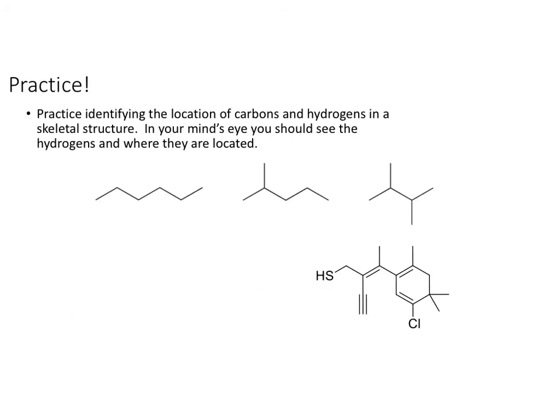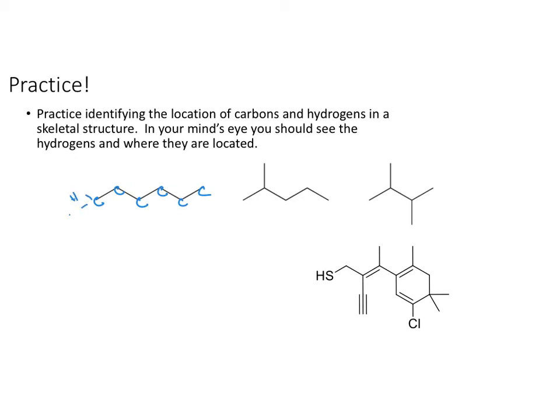So for practice, why don't you try identifying the location of the carbons and hydrogens in all of these molecules, and then you can pause the video and check back and see if you had it correct. Okay, so let's start with this one. So there's a carbon at the end of each stick and at the intersection of lines. So there's 1, 2, 3, 4, 5, 6 carbons. And then we want every carbon to have a total of 4 bonds.